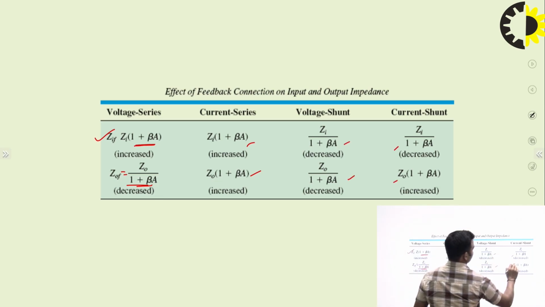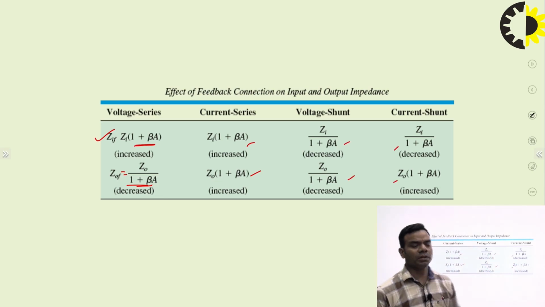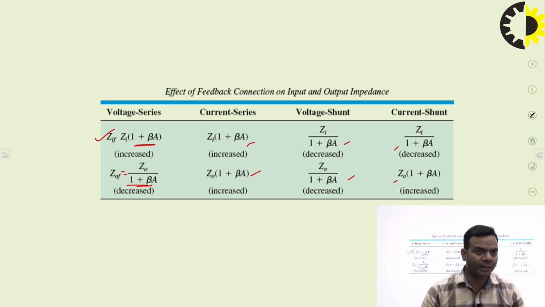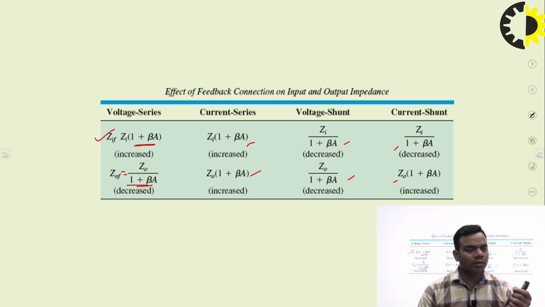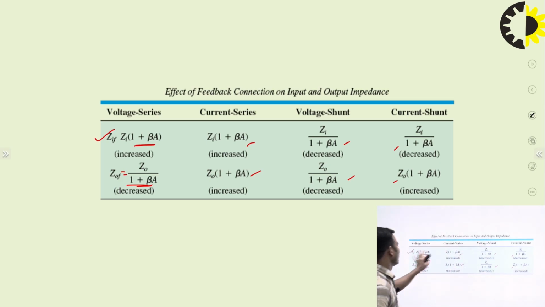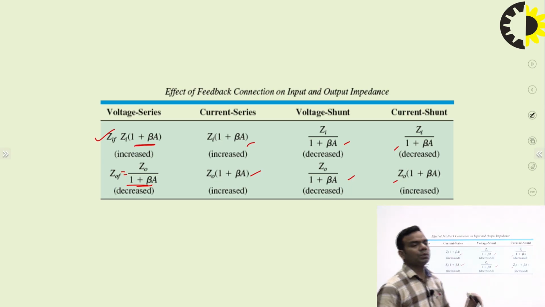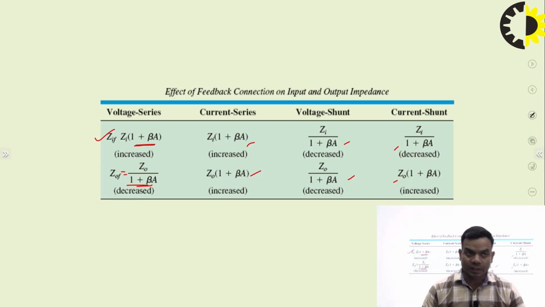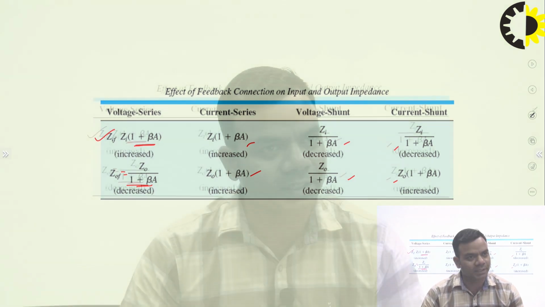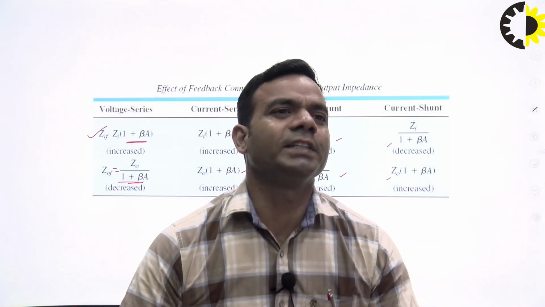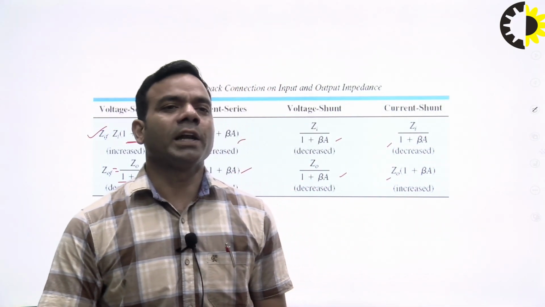So whatever we have talked about is clearly verified here, and you need not keep all 4 relations in mind. You can remember one concept: if a shunt connection is there, the impedance will be divided by 1 plus A beta. If a series connection is there, then the impedance will get multiplied by 1 plus A beta. So in this way, you can easily find out input and output impedance.